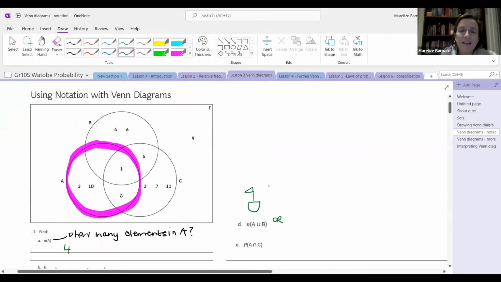If we are looking at A or B, it's the two together with the overlap. So that gives me 1, 2, 3, 4, 5, 6, 7. Careful, we are not working out the probability. We are just saying how many things are in A or in B, and that is 7. Nice.